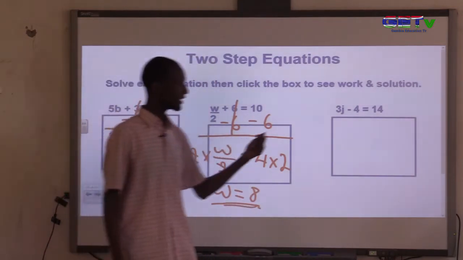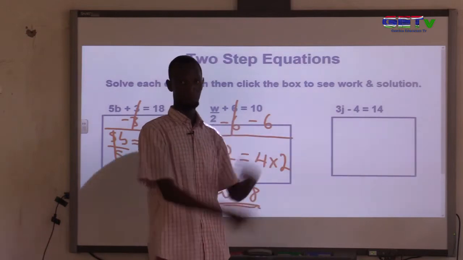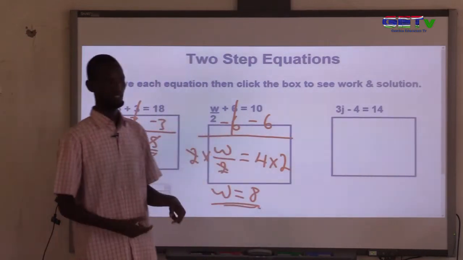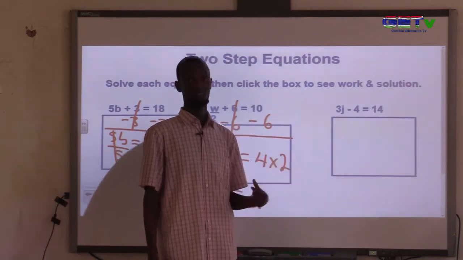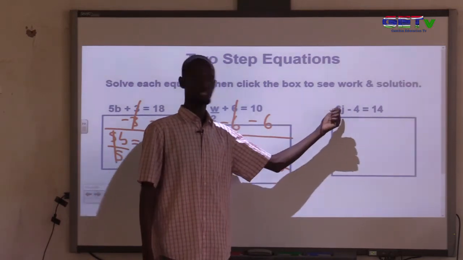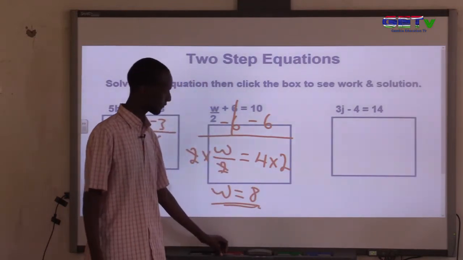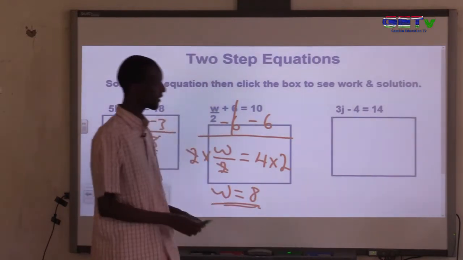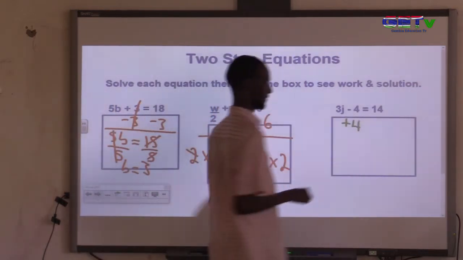Again, normally, we would have said multiply before subtract, but remember, we are going backwards through the order of operations, so therefore, we deal with the subtraction before the multiplication. So we need to undo the subtraction. We need to undo the minus 4 there, and to undo minus 4 is plus 4.